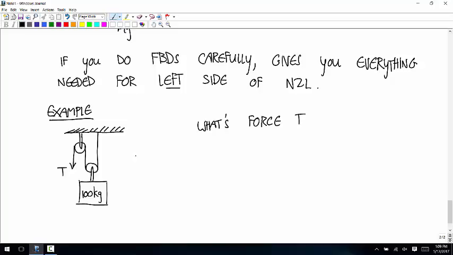What's the force T required to hold up this mass?